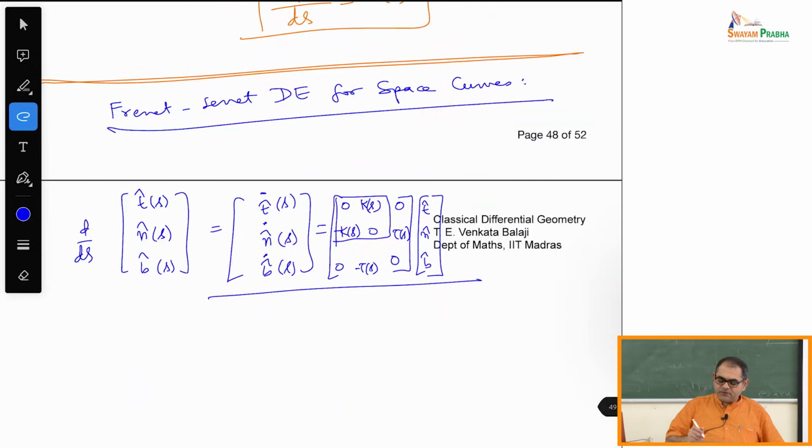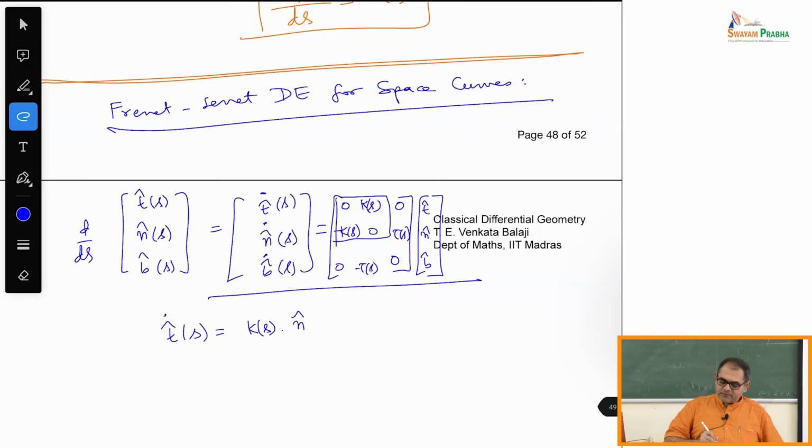All right. So if you write it out as 3 differential equations, what you will get is t cap dot is equal to, if you do matrix multiplication, this matrix acting on that vector on the right side, you will get k s times n cap.